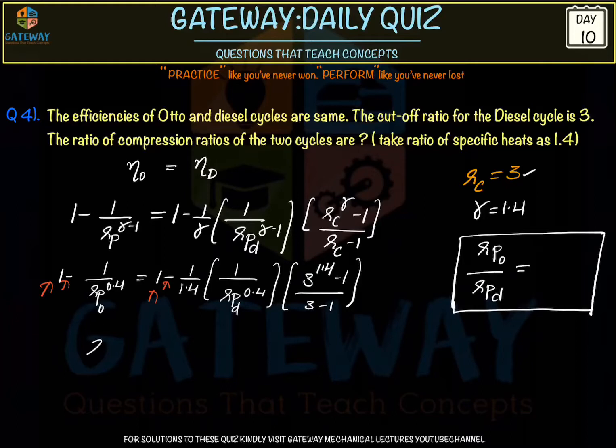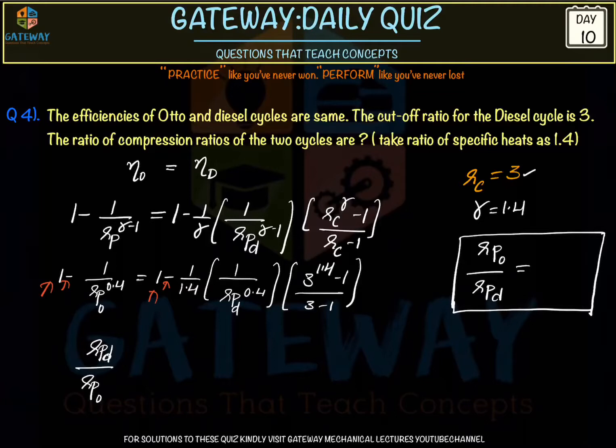Then what we are left with, we'll be calculating Rp of diesel upon Rp of Otto. In the question, what the ratio of compression of the 2 cycles should be is not mentioned, so we'll calculate for both.